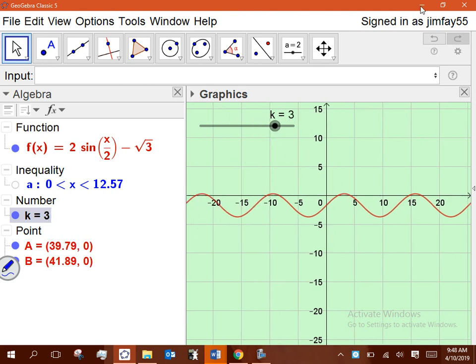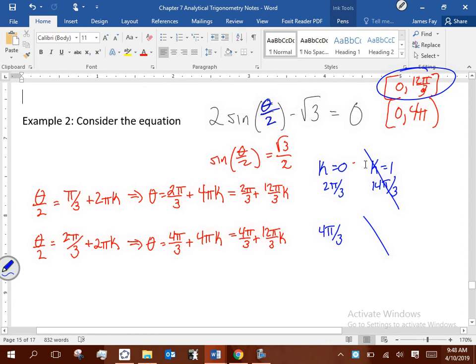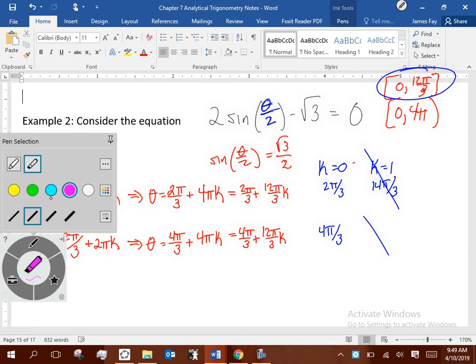Okay? So that's something to think about as well. If they do not tell you the overall interval that you are interested in, so this thing here is gone, then this is your solution, and that gives you the infinite solutions, right?